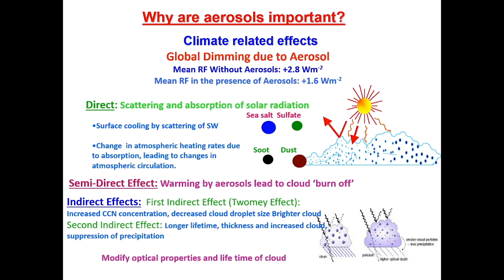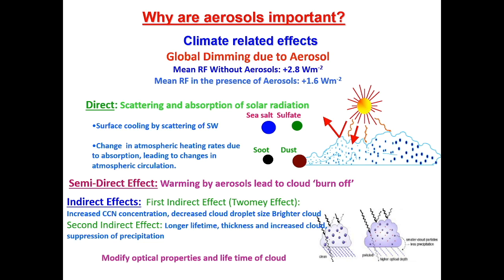Then there is another effect, called the second indirect effect, which occurs when these particles reach the cloud height, and because the number of particles inside the cloud increases, they change the cloud albedo.